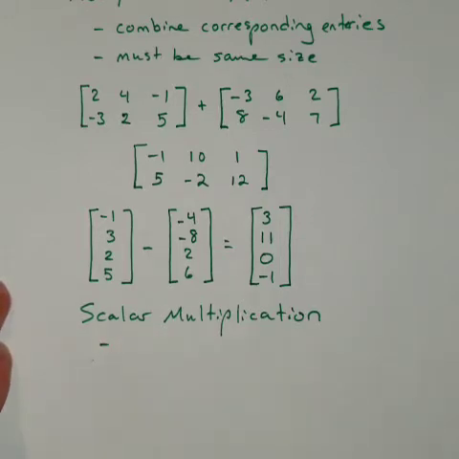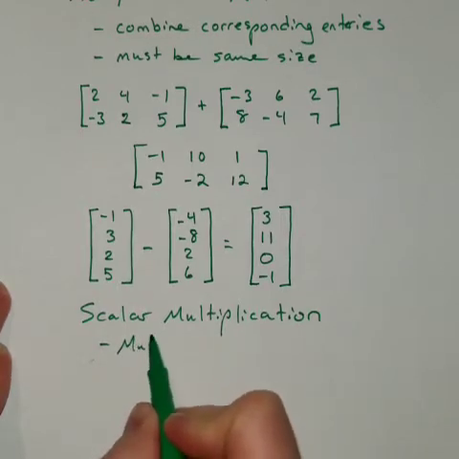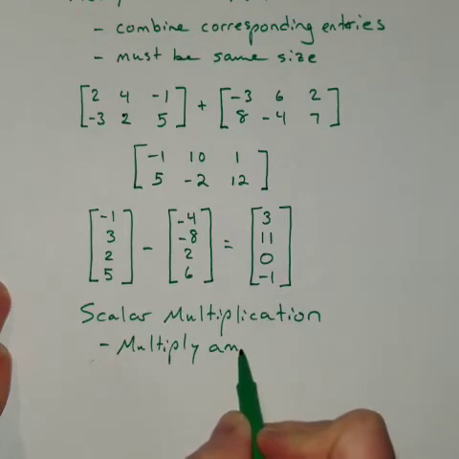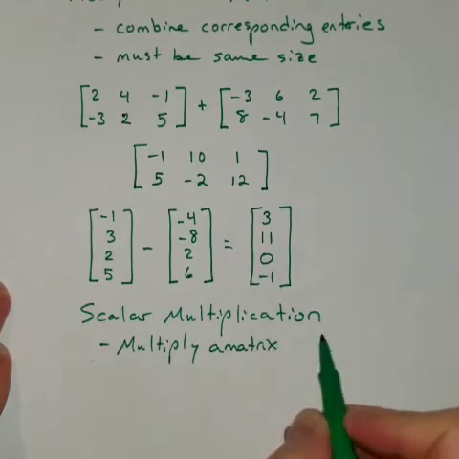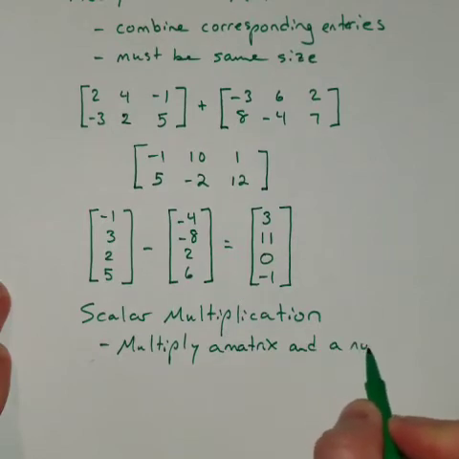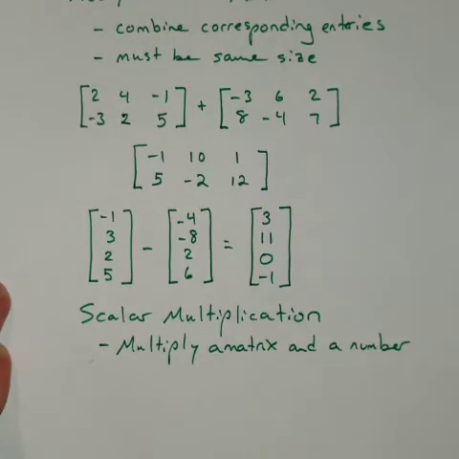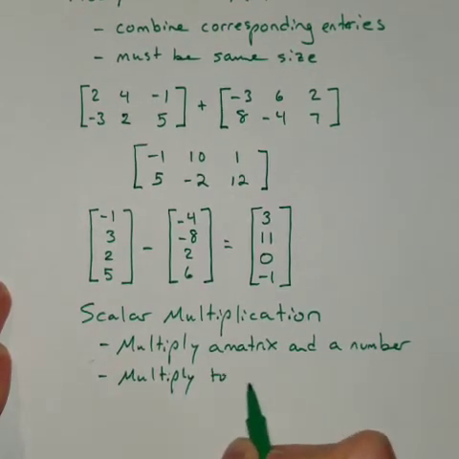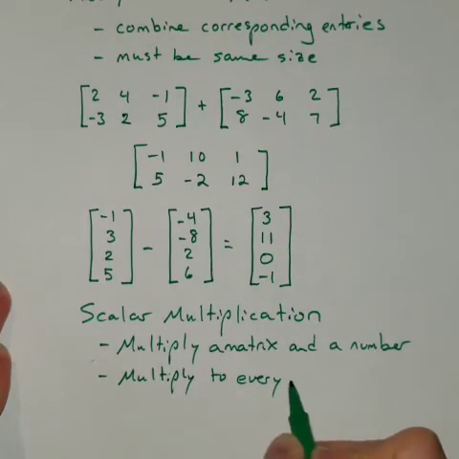So, multiply a matrix, it's supposed to be two words there, and a number, and you multiply to every entry.